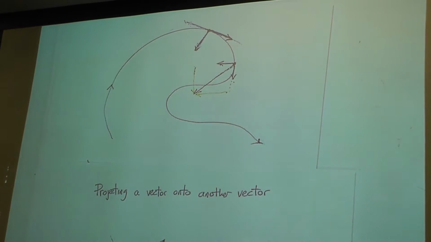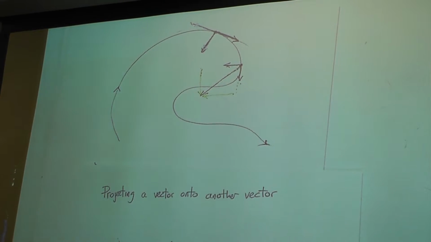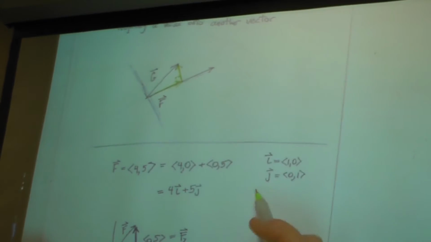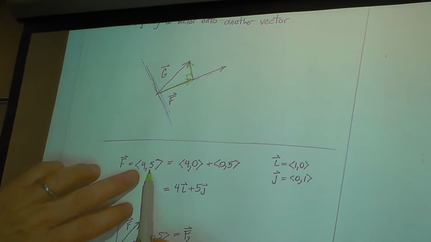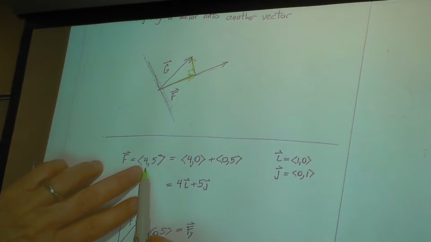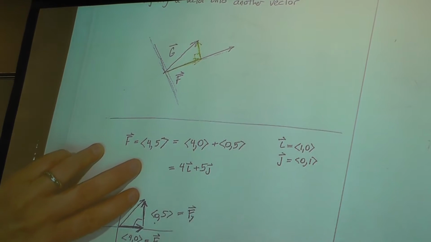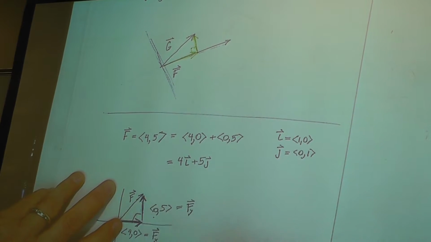Right. That's all. I'm not doing anything real fancy, but because I'm not doing it in the x and y direction, if I'm looking at this force, that's trivial to write. The component in the x direction is 4, and in the y, the component there is 5.